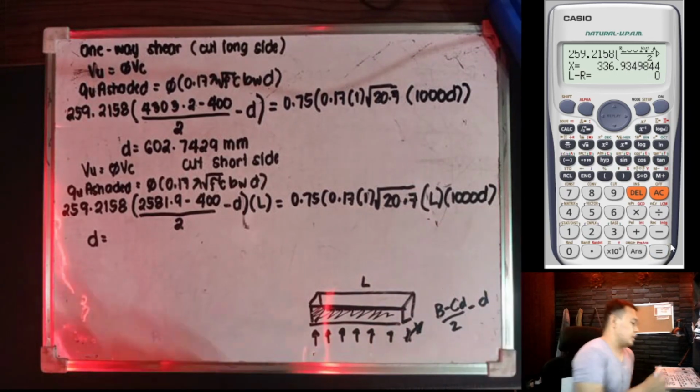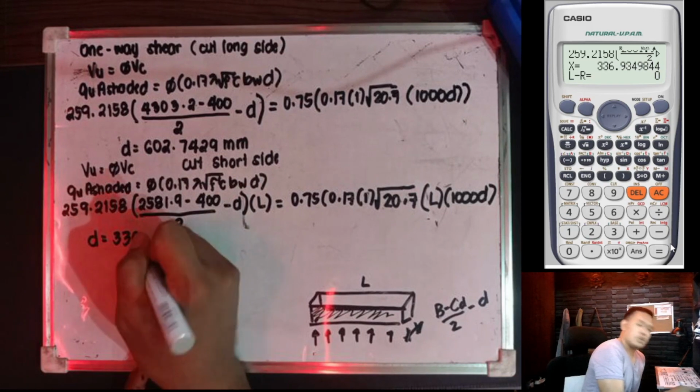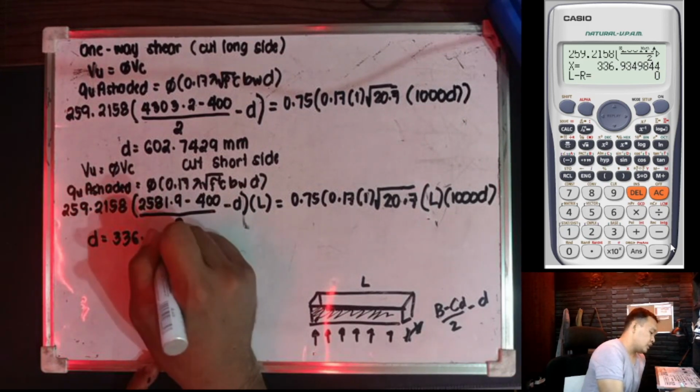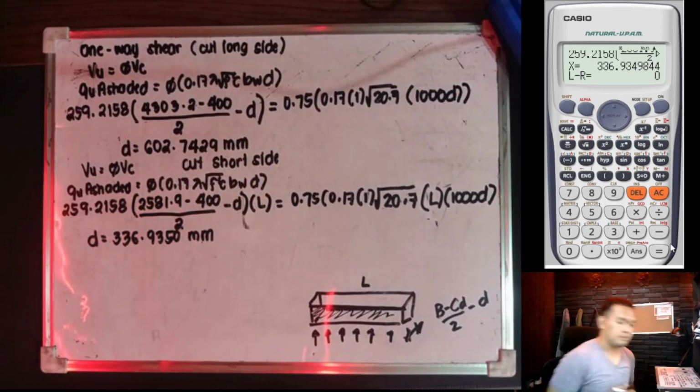So we have here 336.9349 mm. Okay? So that's it.